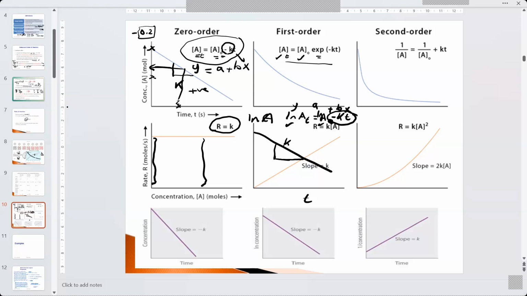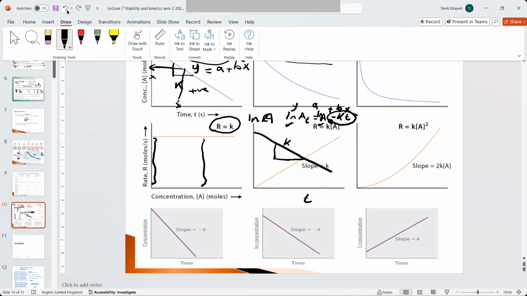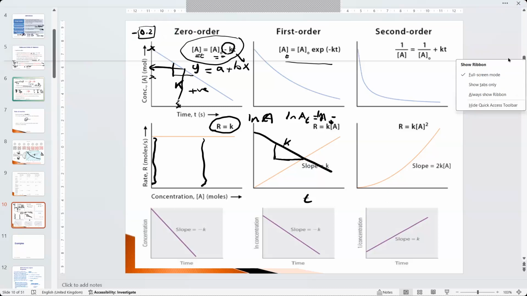Okay, so if you plot ln concentration versus time and you get a straight line, then this is the equation for the change of concentration with time for the reaction. The rate of reaction here is first order, meaning it is concentration dependent.